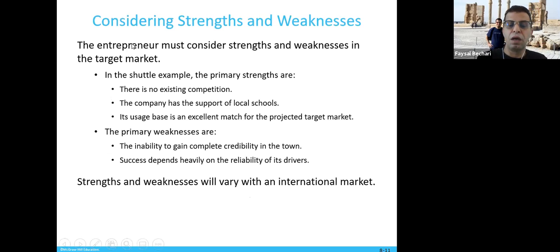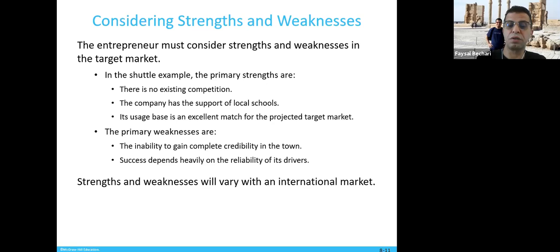Now, you always need to look at the strengths and weaknesses of you and the competition. The entrepreneur must consider the strengths and weaknesses in the target market also. In the shuttle example, the primary strengths are that there is no existing competition.